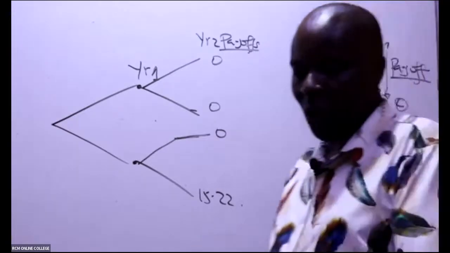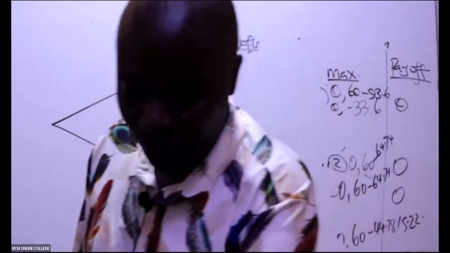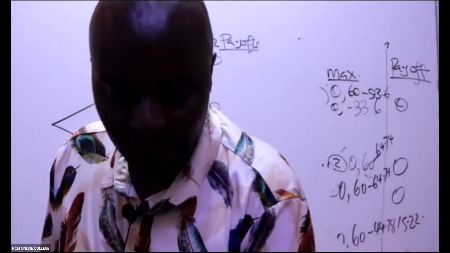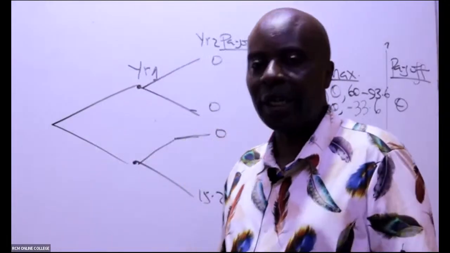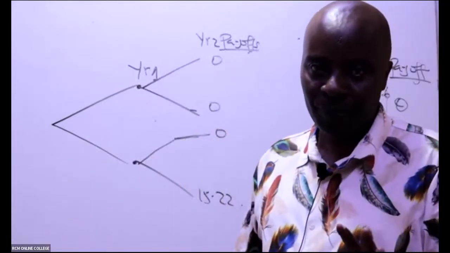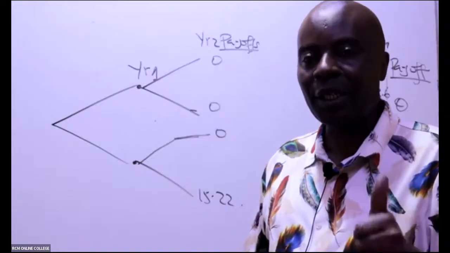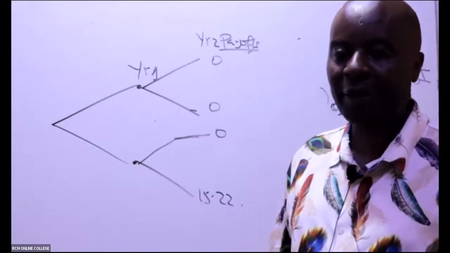Now, ladies and gentlemen, after you do that, then you'll be able to get to almost our last step called probability calculations. You give us what we call the risk-neutral probability.